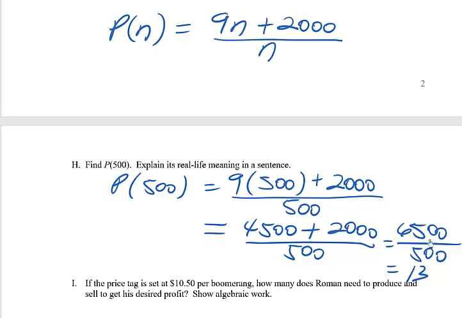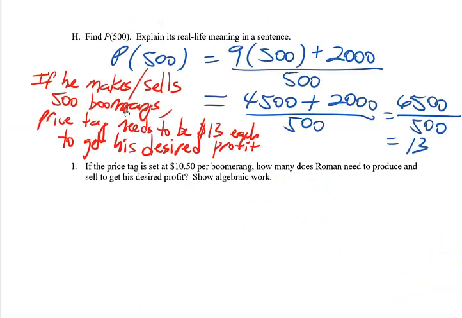P, remember, tells me the price tag I should use in the store if I want to make that $4 profit on each boomerang. So we're saying if he makes and sells 500 boomerangs, he's going to need to set his price tag at $13 each. That's that 13 we found, if he wants to get that $4 profit on each boomerang.